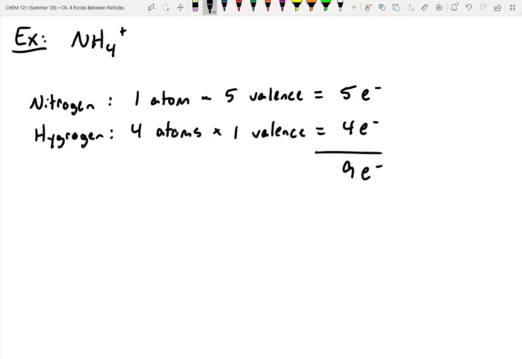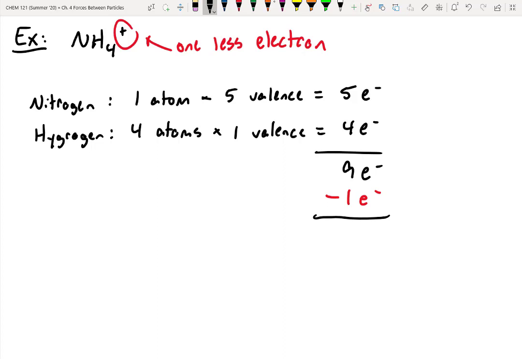But that's not going to be quite right, because this is saying we have 1 less electron. So what I would do down here is I just say minus 1 electron, which means that my total, in this case, we're not going to add 1 to it. We're actually going to remove an electron from the total we just added. So we would have 8 electrons for NH4.